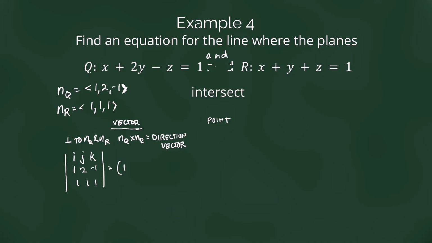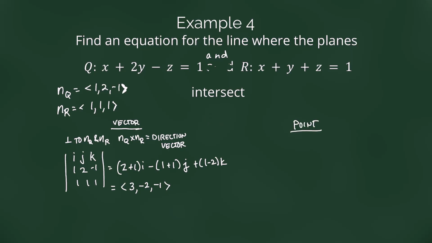We're going to get 2 minus negative 1 times i, minus 1 minus negative 1 times j, plus 1 minus 2 times k, which means that our cross product vector is 3, negative 2, negative 1, and that is going to serve as our direction vector. Now we need a point, so let me move over here a little bit to get our point.